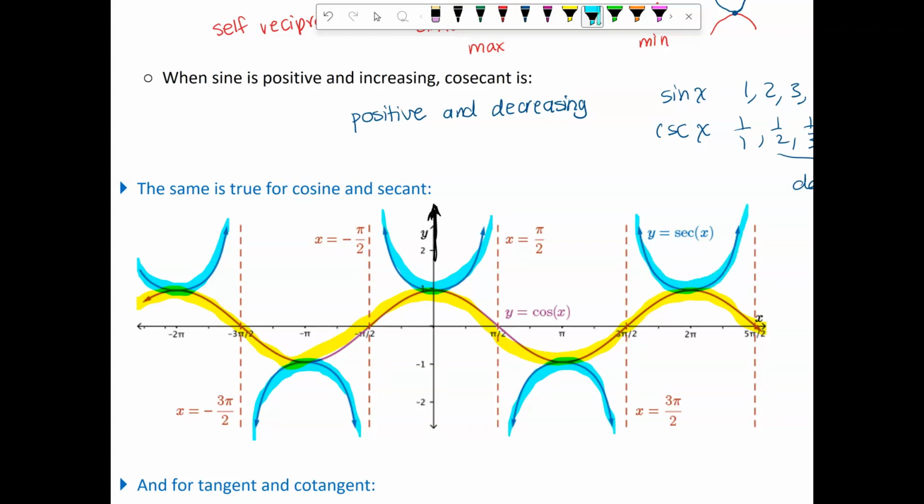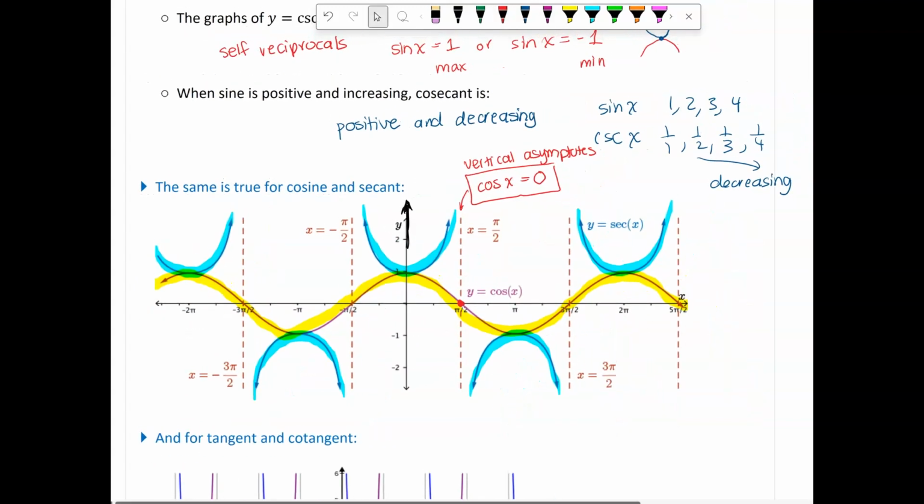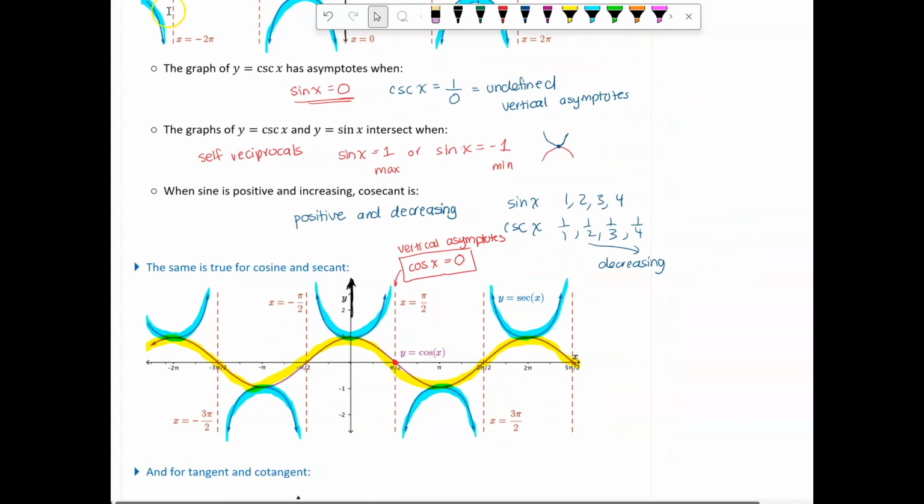But they also have the asymptotes again, and the asymptotes happen again whenever cosine is equal to 0. Okay, so whenever cosine is equal to 0, we have our vertical asymptotes again. Okay, so same pattern, same features that we saw up here are happening with cosine and secant.